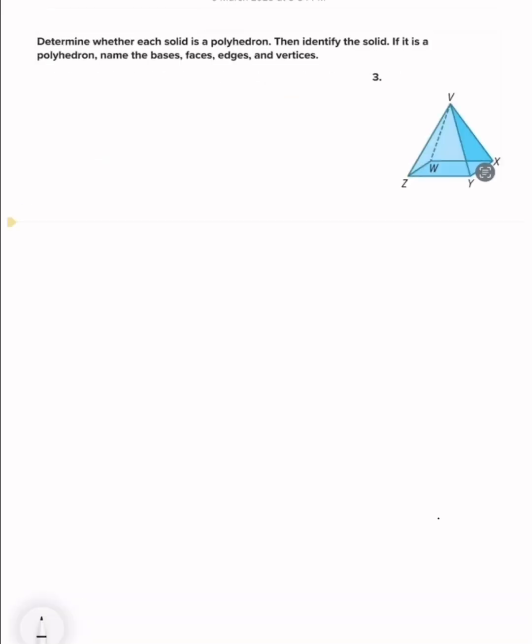Okay? Question number 3. Same question, figures are changing. So here we have a smooth surface, so it will be a polyhedron. The base is a square and the faces are triangles, that means it is a square pyramid.